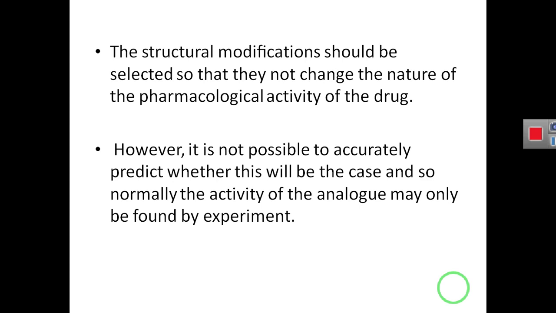For this purpose you will perform different experiments. In the case of an anti-cancer drug, you can perform a cytotoxicity assay, an anti-proliferation assay, an anti-migration assay, and there are various other assays that can tell you about the anti-cancer activity of this drug.